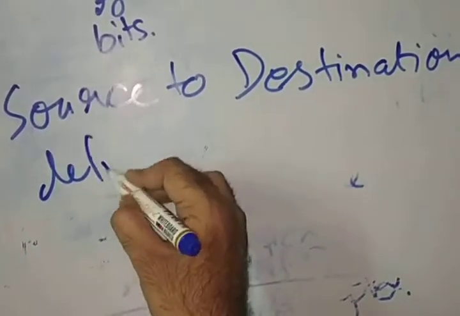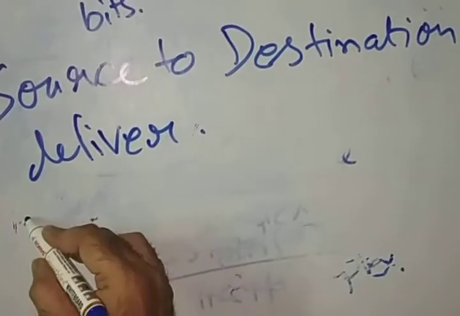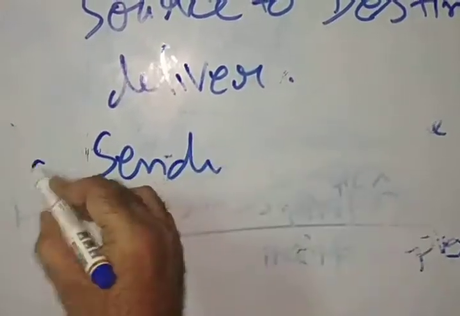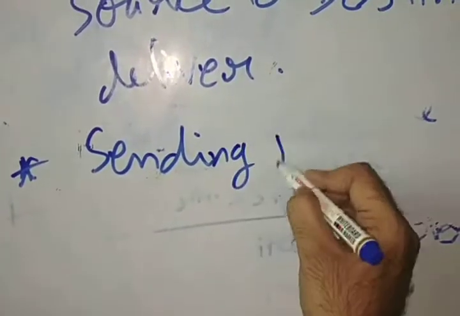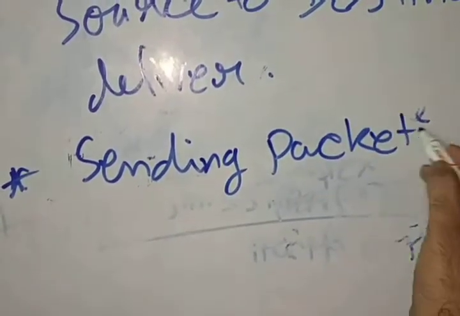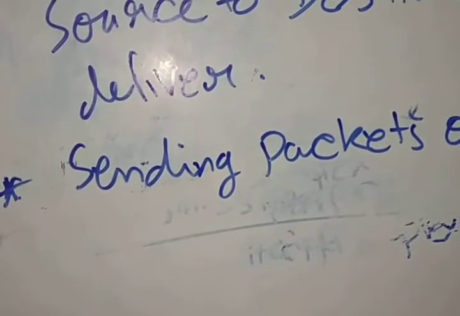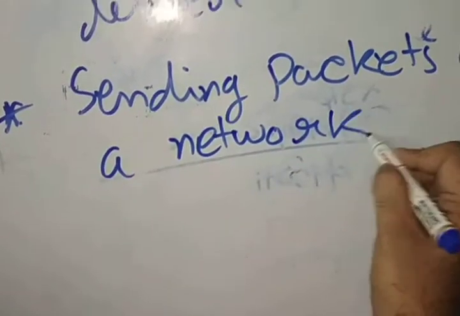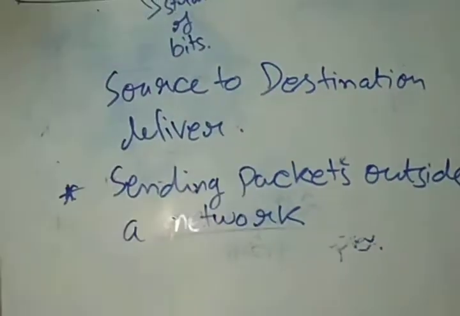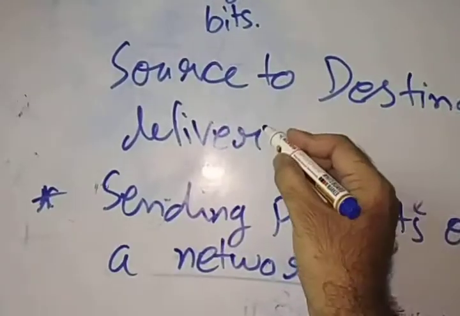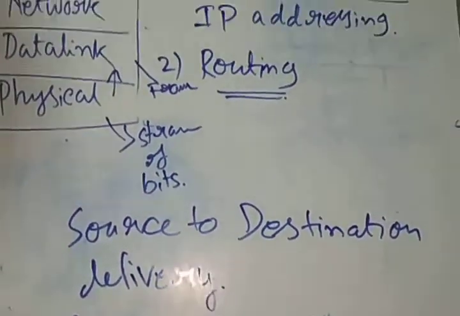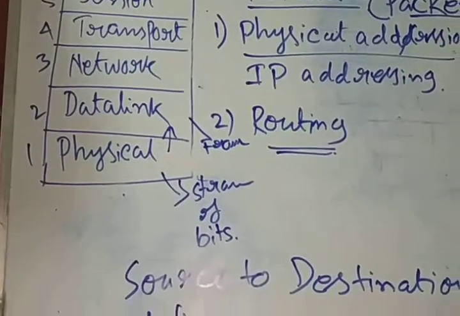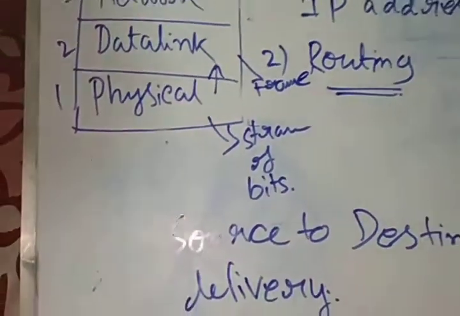It is used for sending packets outside a network. So it is called source to destination delivery. Second, the data is called a packet here. In the data link layer it is a frame, and in the physical layer, a stream of bits.